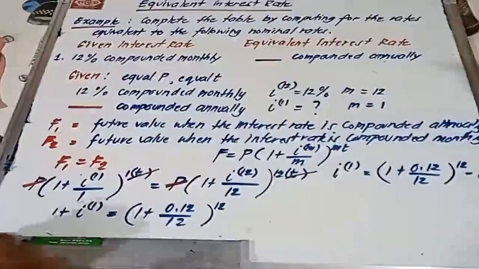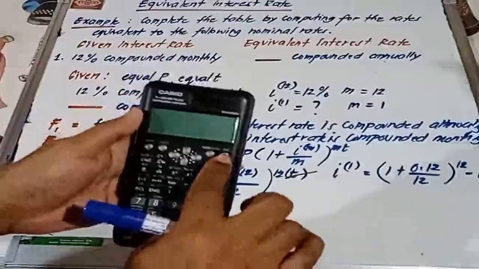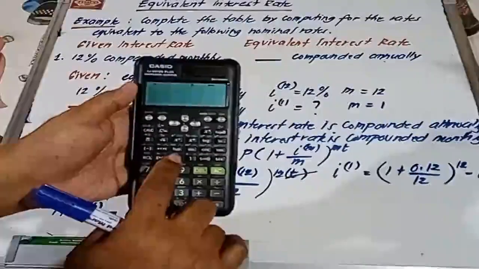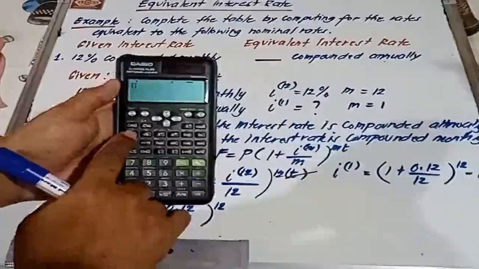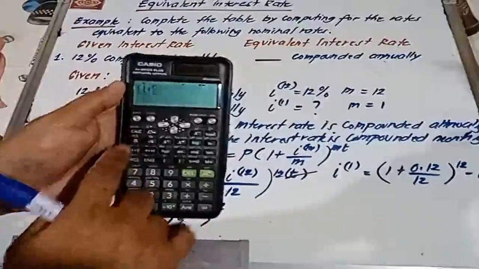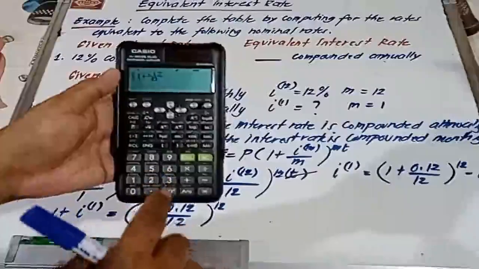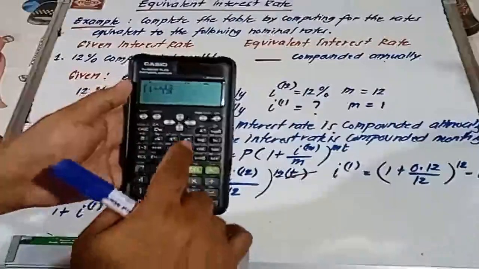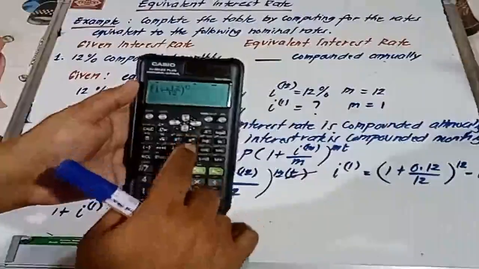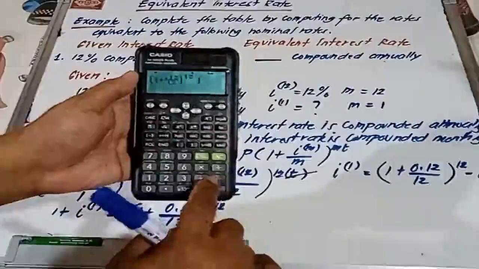Now, using your scientific calculator, you press parentheses, and then fraction, 1 muna, 1 plus, and then yung fraction key, on top, press 0.12, arrow down, press 12, arrow to the right, and then x to the y, or an exponent, press 12, arrow to the right, minus 1.